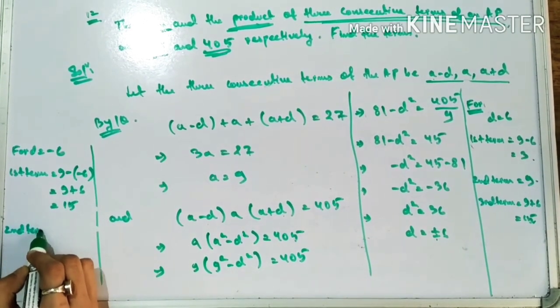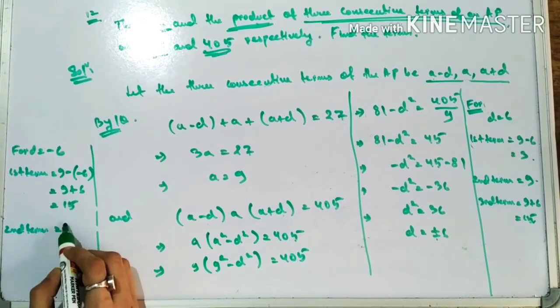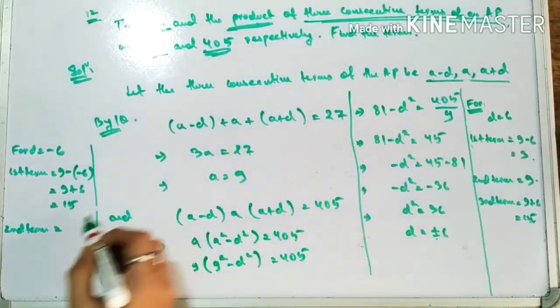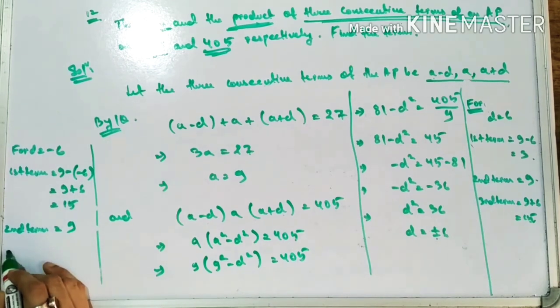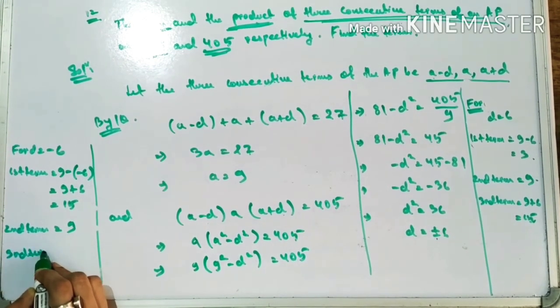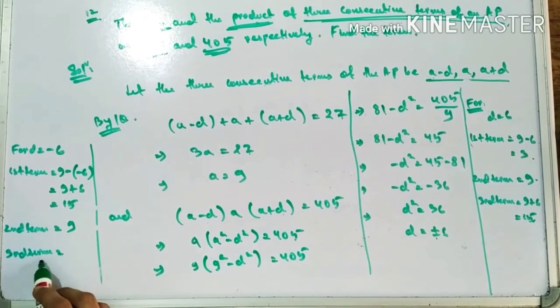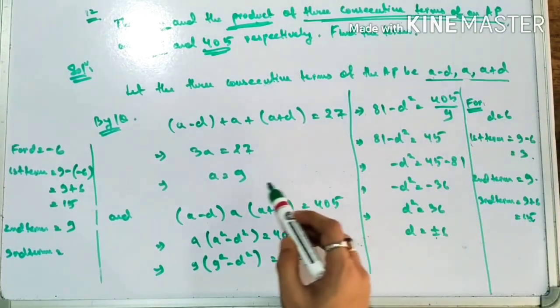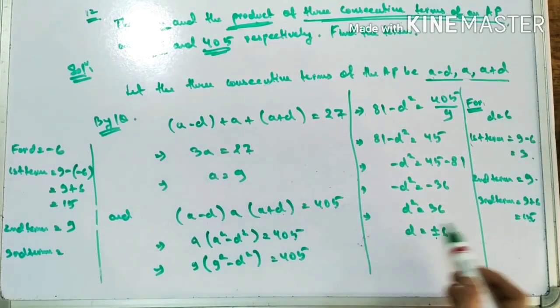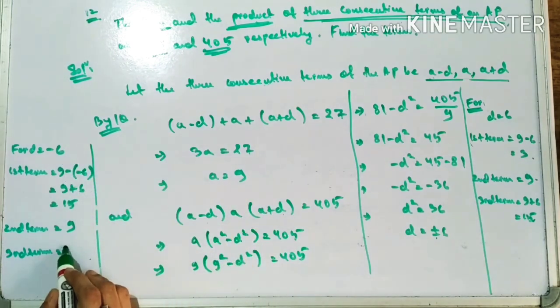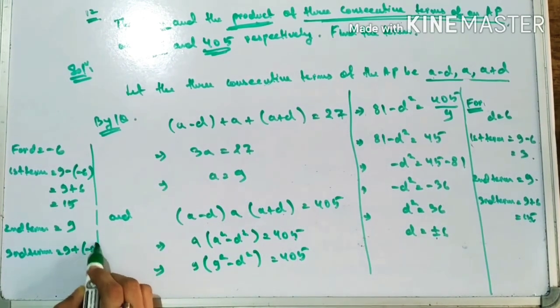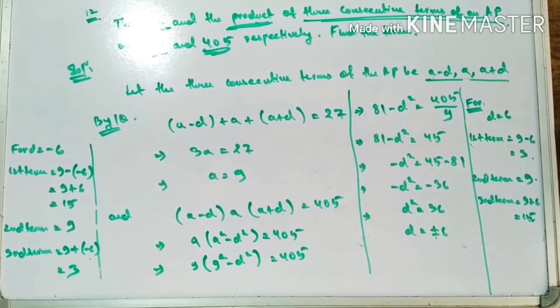Then second term will be a only, so second term will be 9 only. And then the third term will be a plus d. A is what, 9, 9 plus minus 6, which is ultimately 3 I believe.